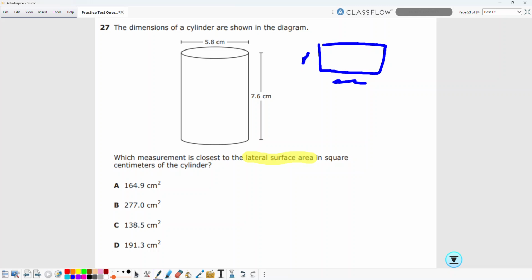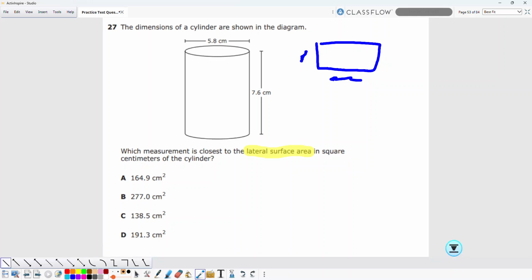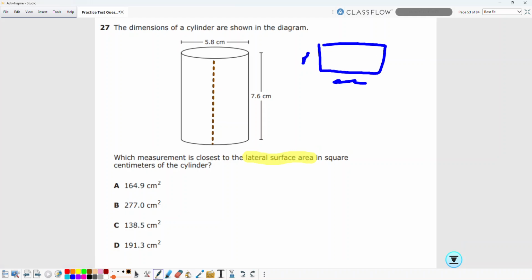So when you think of a cylinder, if you were to take the ends off and split the cylinder right down the middle here, you could lay it flat and you would have a rectangle. So if you know the circumference, that's that measurement. And then, you know its height.